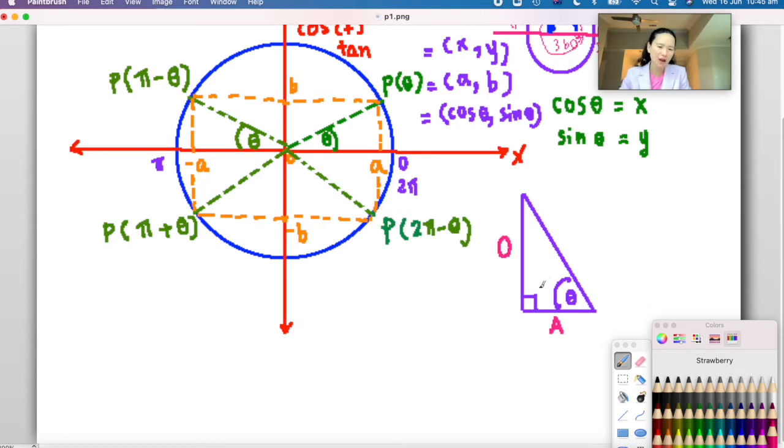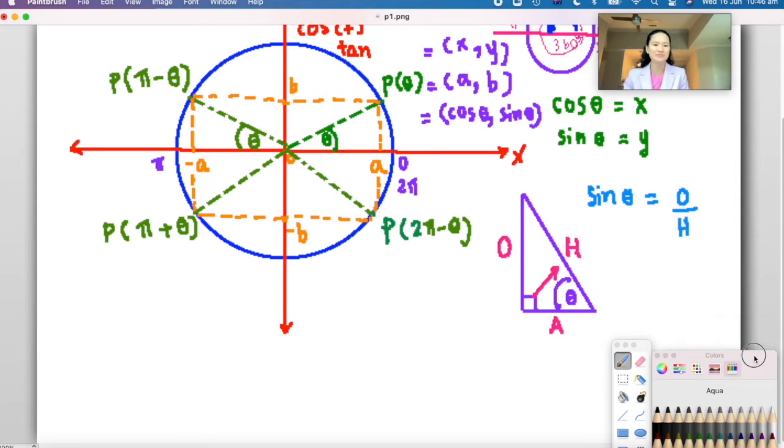And the one opposite the right angle we call hypotenuse. Just to recap super quick: sine theta. Do you remember sine theta? Sine theta equals opposite over hypotenuse. Very good.